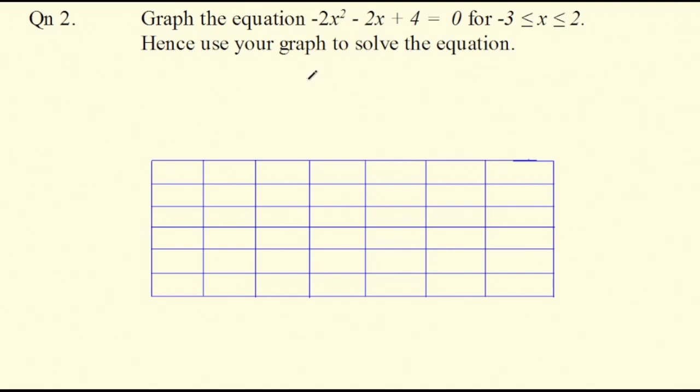As before, this number is also saying graph the equation -2x squared minus 2x plus 4 equals 0 for -3 is less than or equal to x, less than or equal to 2. Hence, use your graph to solve the equation.